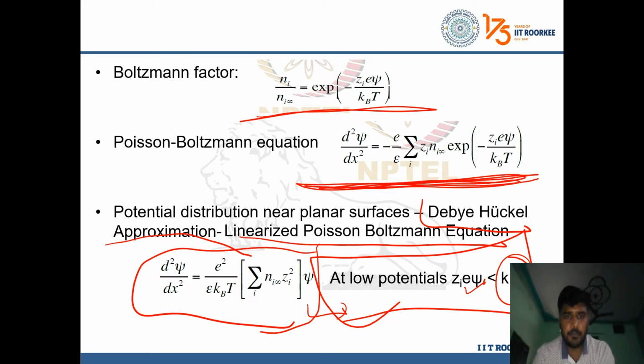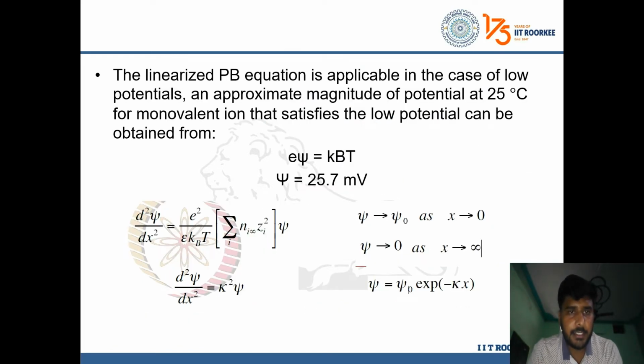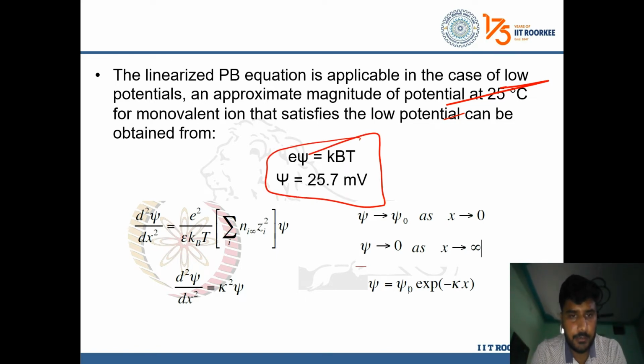The linearized Poisson-Boltzmann equation is applicable in the case of low potential. At room temperature, for monovalent ions, the approximate magnitude of potential that satisfies this low potential condition can be obtained from this expression. To define whether the potential is high or low, you can compare with this 25.7 millivolt value.